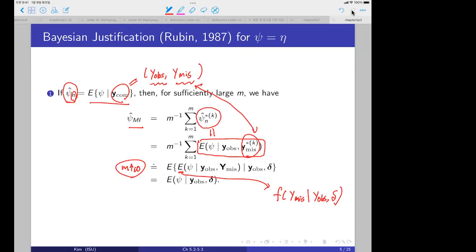The second one is just the posterior. The capital Y emphasizes that we are taking expectation with respect to Y. Okay, that is the first part.